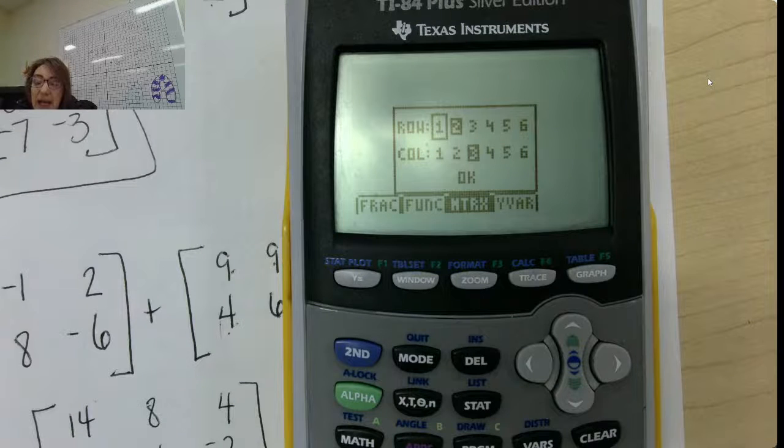Alpha zoom. And before you can put the numbers in, you have to tell the calculator what size your matrix is.